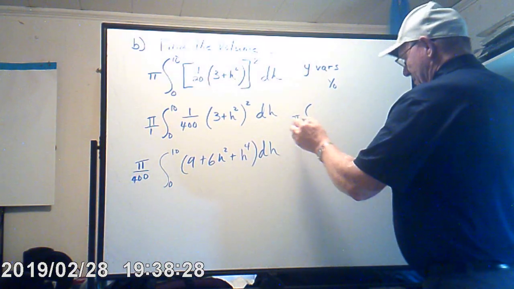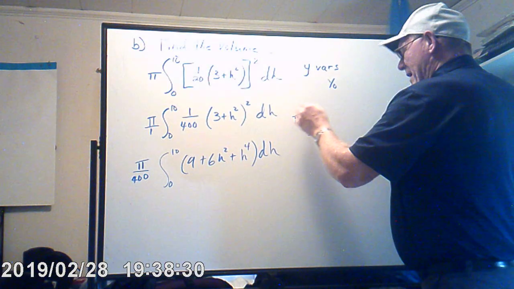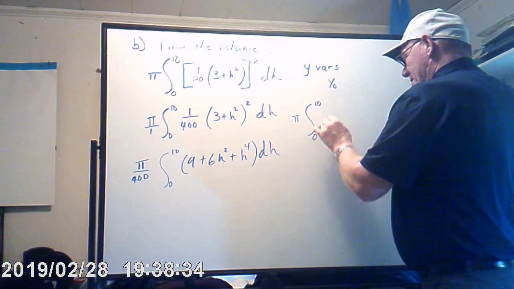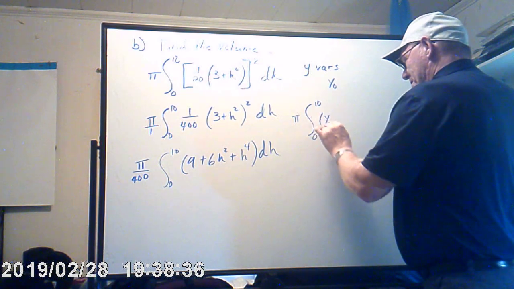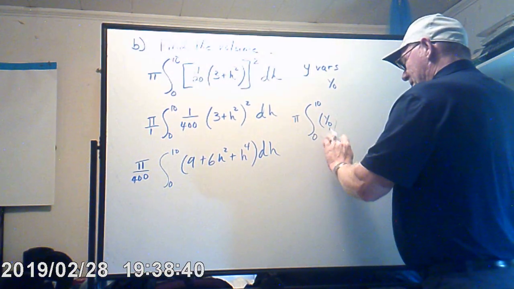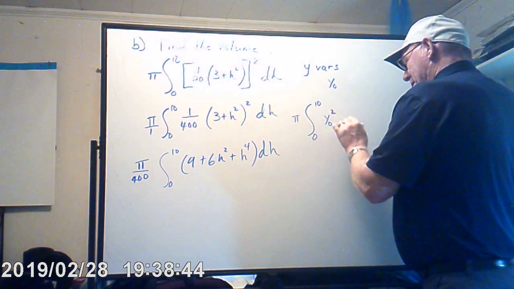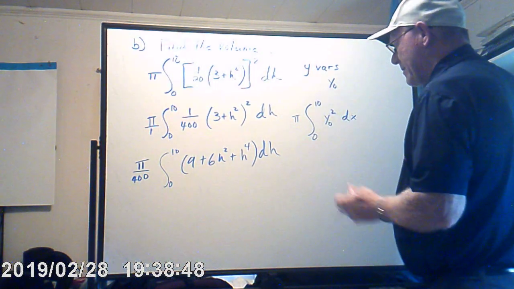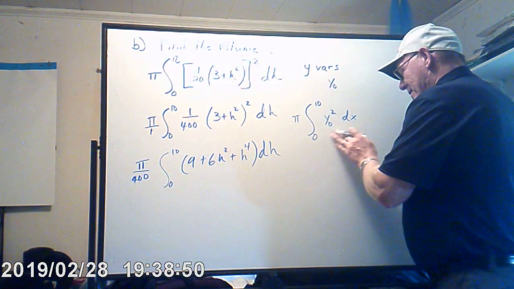Calculators will put the exact value of pi there. 0 to 10, and then you could put y sub 0. I don't think I needed parentheses. I think I could just put the square up here like this. And of course it says dx on there. It's always going to do that.